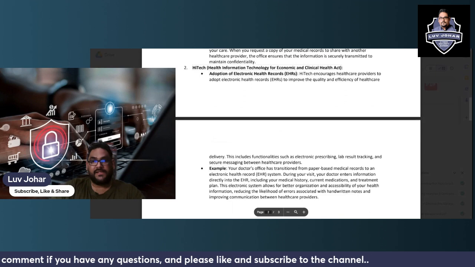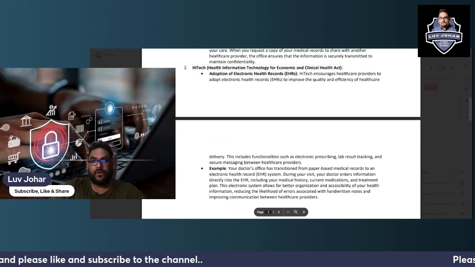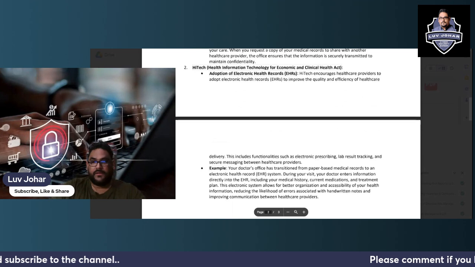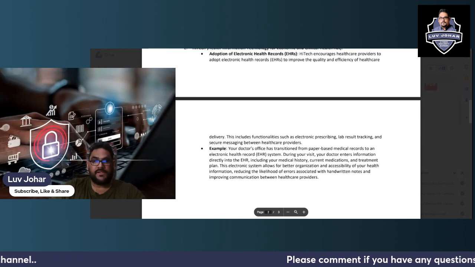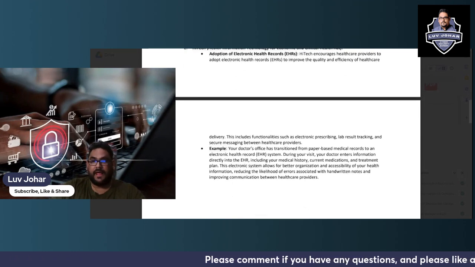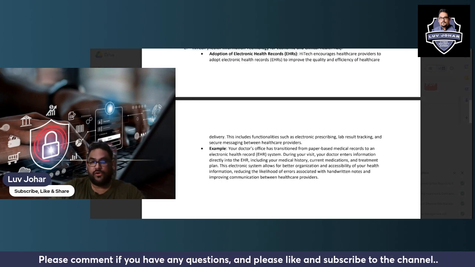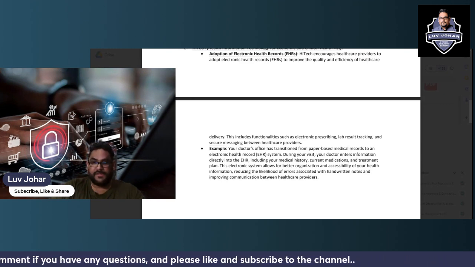So HITECH, as it encourages healthcare providers to use electronic health records, includes functionalities such as electronic prescribing, lab result tracking, and secure messaging between healthcare providers. So in this case, your doctor's office has transitioned from paper-based records to an electronic health record system.